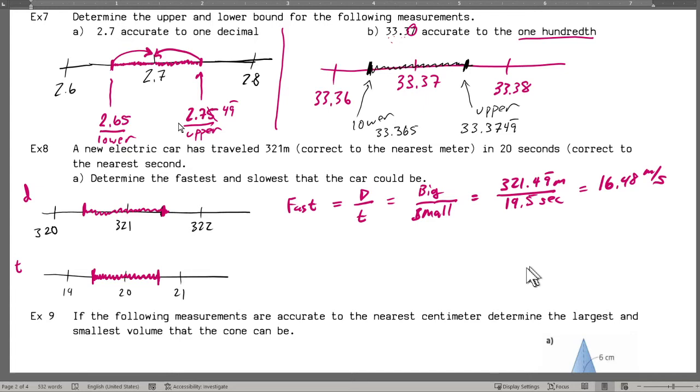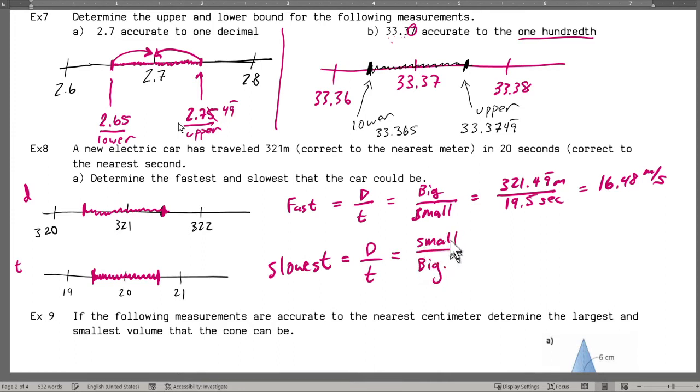Now, my slowest possible velocity would have been distance over time again, which is velocity. But in order to do a slow velocity, I need a small distance over a big time.